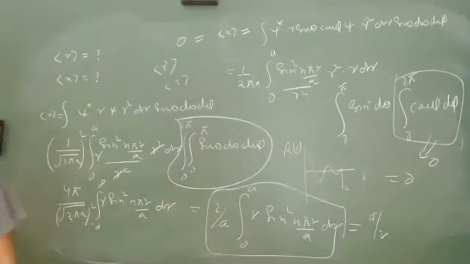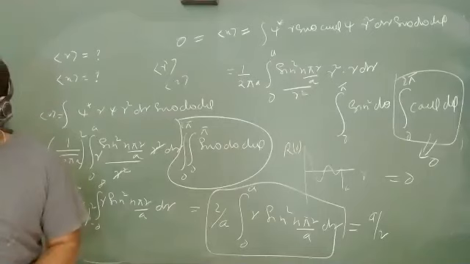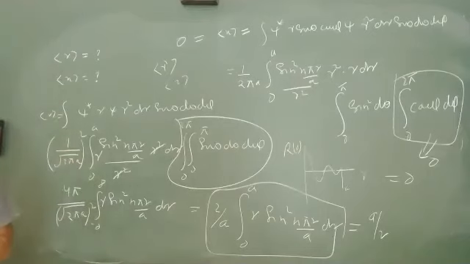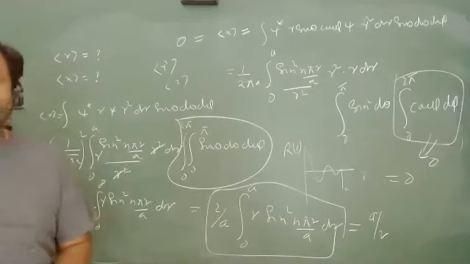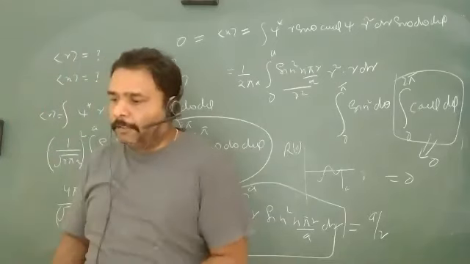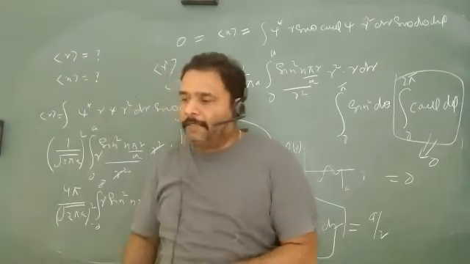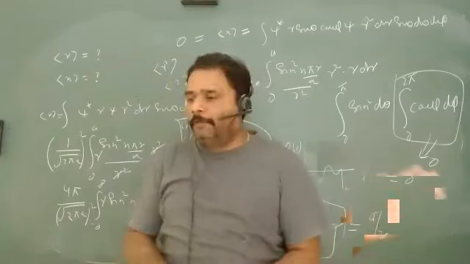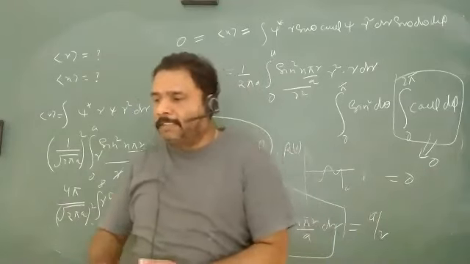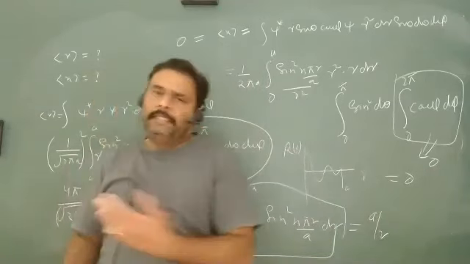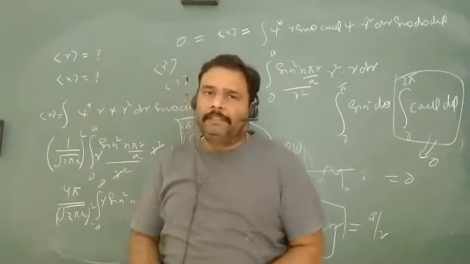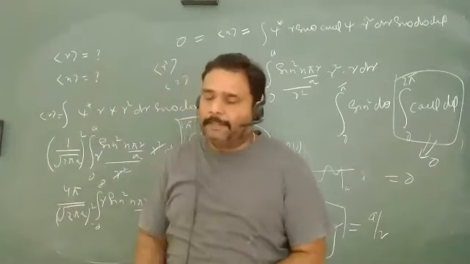Up to that, if you have any doubt, you can ask me. And please revise your gamma integral, because tomorrow it will be used very frequently. At least in every problem you have to use the gamma integral. So please revise the gamma integral, and then in the next 50 to 60 minutes we will finish this hydrogen atom.